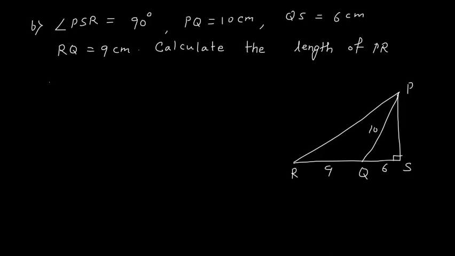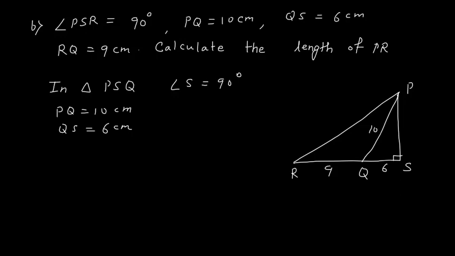So in triangle PSQ, the value of PQ is 10 centimeter, also angle S is 90 degree. The value of QS is 6 centimeter.